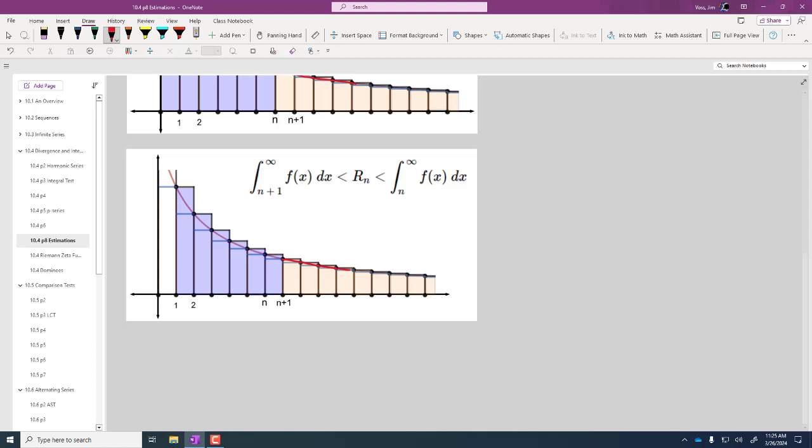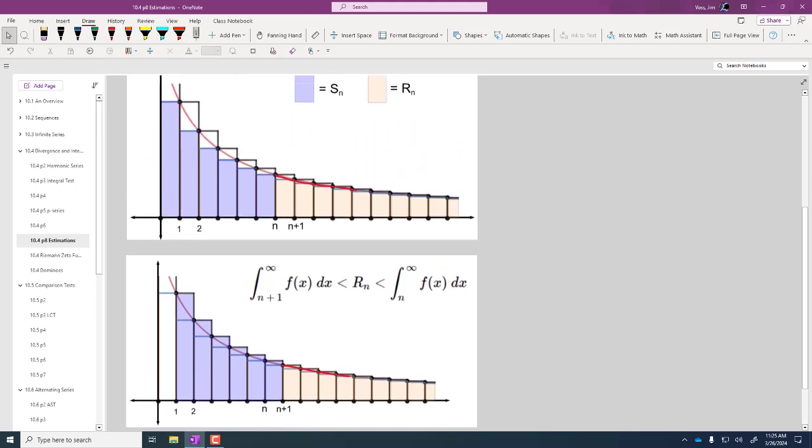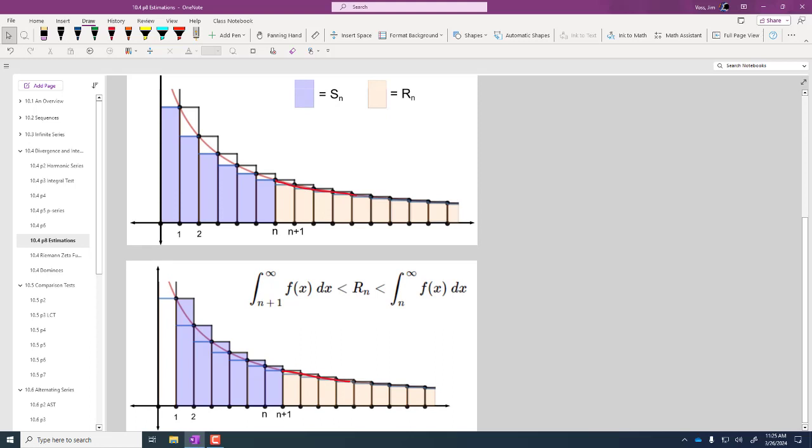Here, the beige overestimate the integral. So the beige are going to be bigger than the integral from n plus 1 to infinity. So we're visualizing the same rectangles. Up here, we get this integral. Down there, we get that integral. And that puts us in a situation where we have bounds for R sub n. So R sub n has to be in between there.